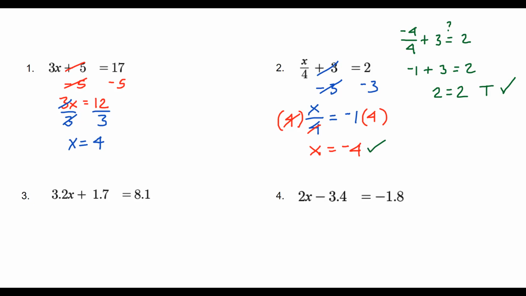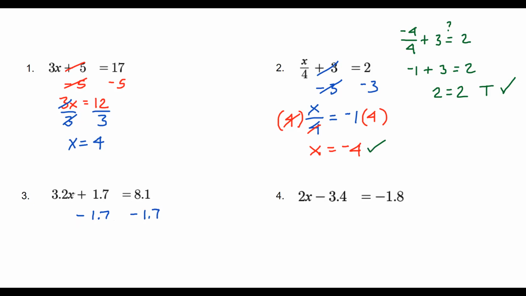All right, let's move on to question 3. We've got decimals here, but the process is the same. You're just probably going to want to use a calculator if you can, but we are going to almost always in a problem like this add or subtract first. If the equation is adding, we're going to subtract. We're going to subtract 1.7 from both sides.